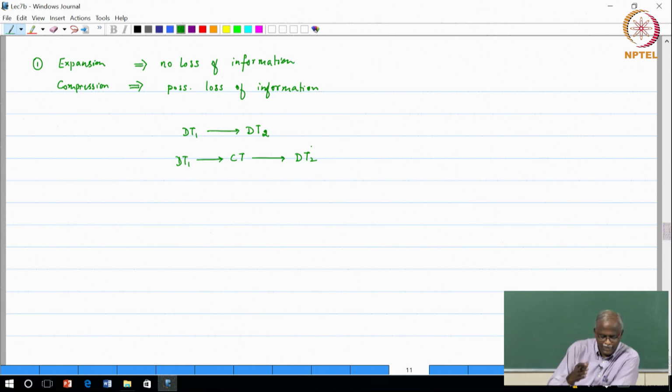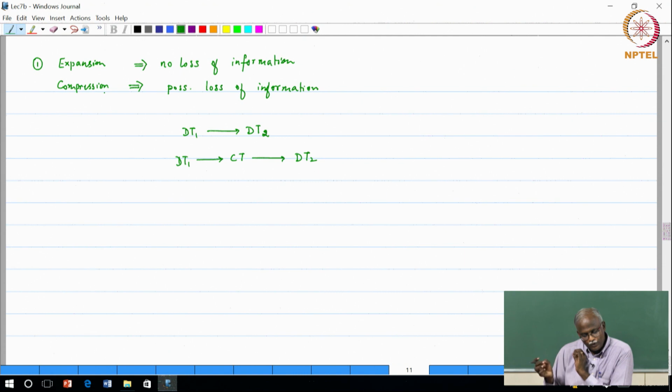You can think of it as a resampling process. Now, of course, in this second step, if you had not taken care of anti-aliasing, you may have introduced aliasing, and therefore all bets are off. So compression may lose information.